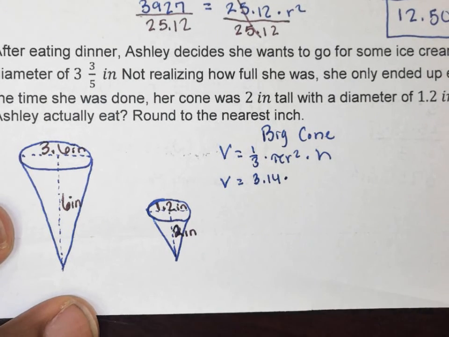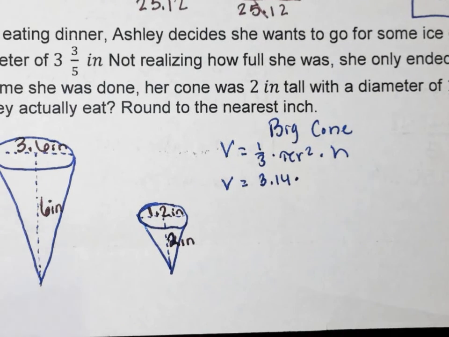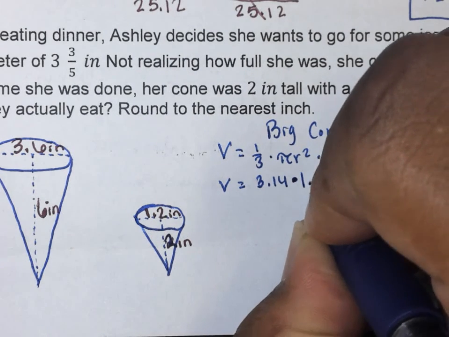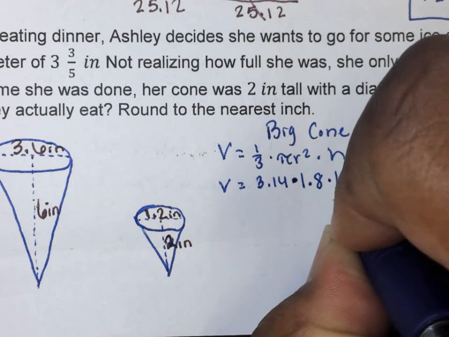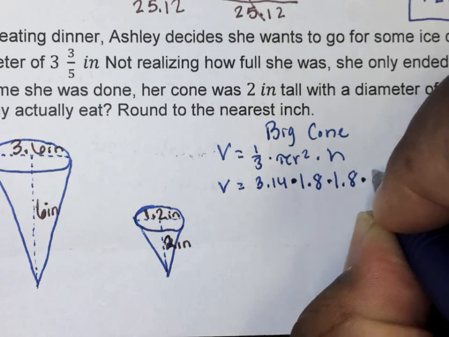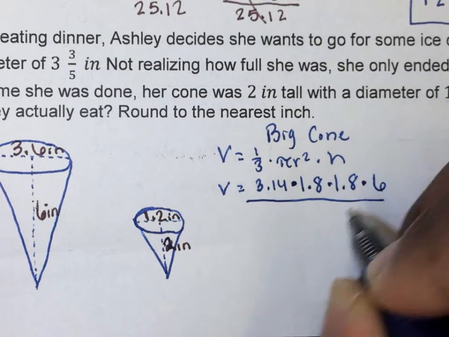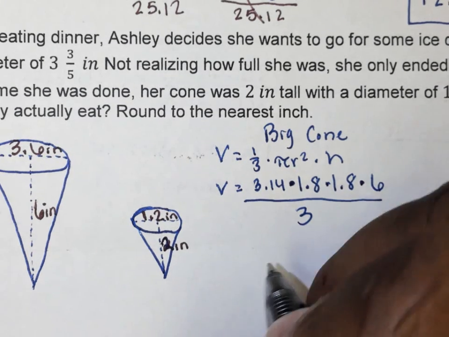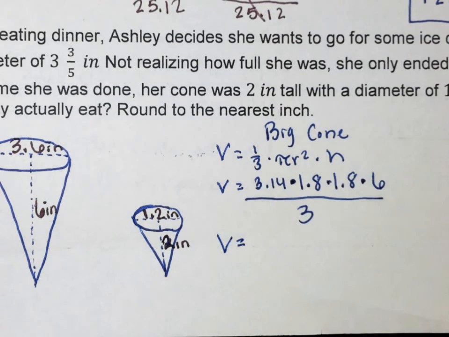What's the radius of the big cone? 1.8. 1.8 times 1.8 times the height, which is still 6. All that's being divided by 3. It's going to give me the volume of the bigger cone, the one she started with.